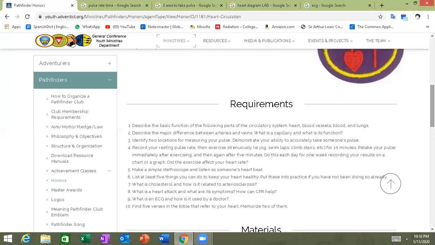And what is the capillary? Capillaries are the smallest blood vessels, and they're extremely thin. So the arteries are the largest, the veins are in the middle, and the capillaries are the thinnest things. The walls of the capillaries are actually 1 cell thick.